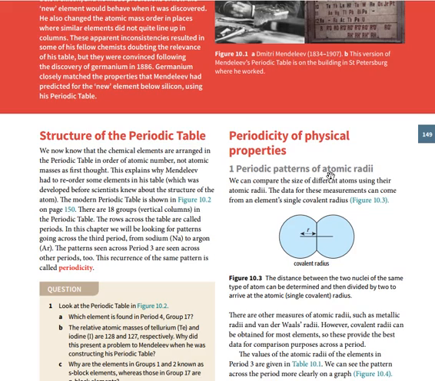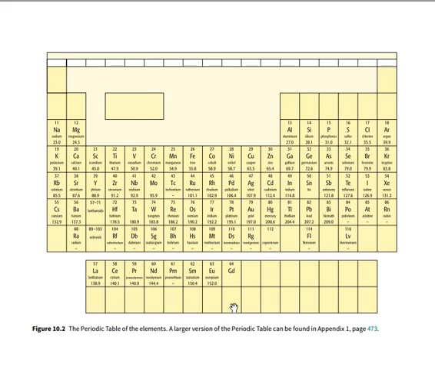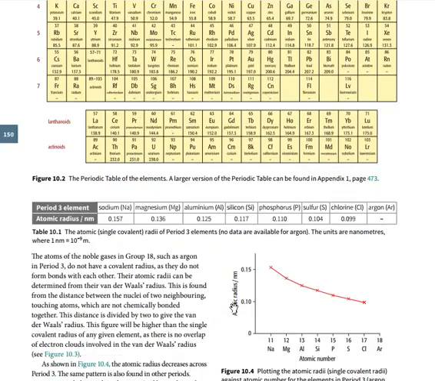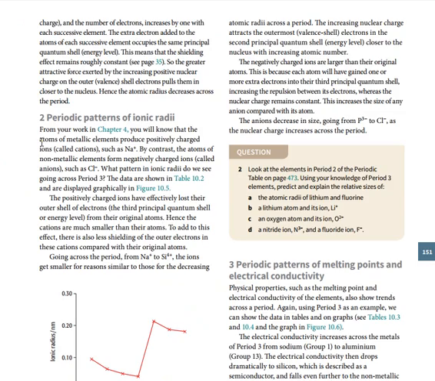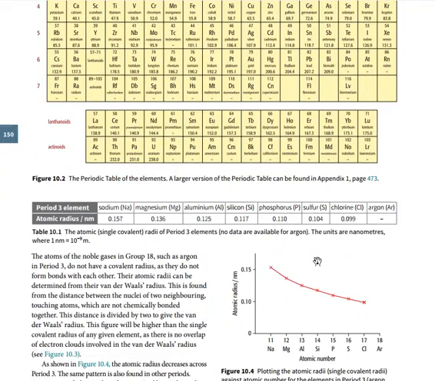So you see that across a period atomic radius decreases. That's the first point. Next is this diagram, the graph of atomic radius against atomic number, which decreases across the period.